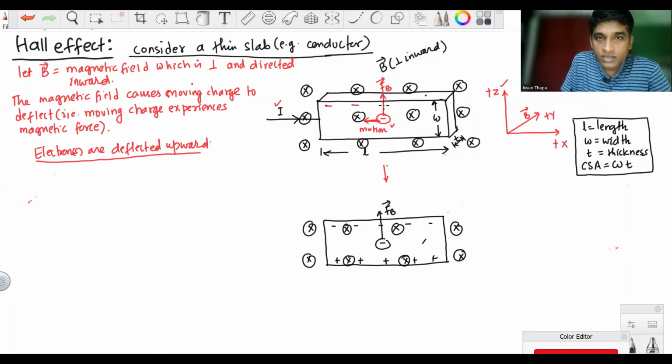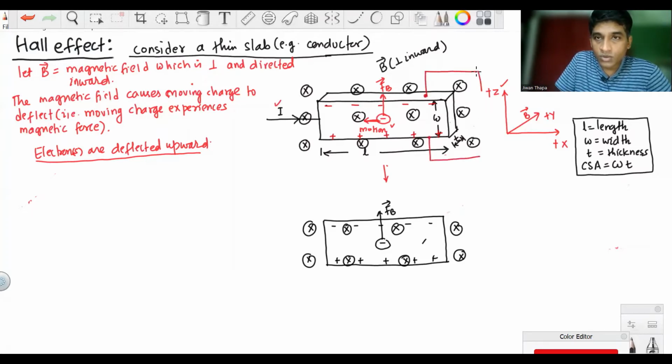Negative charge or charges move towards the upper side and positive charge or charges are present on the lower side. So we find a potential difference between the upper and lower face.